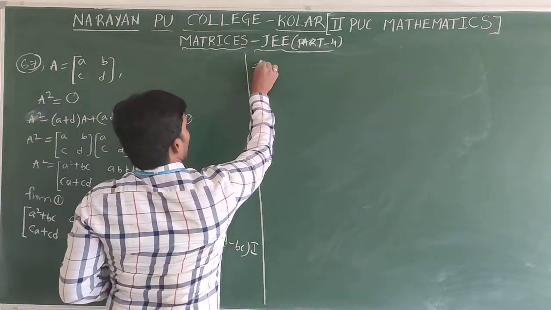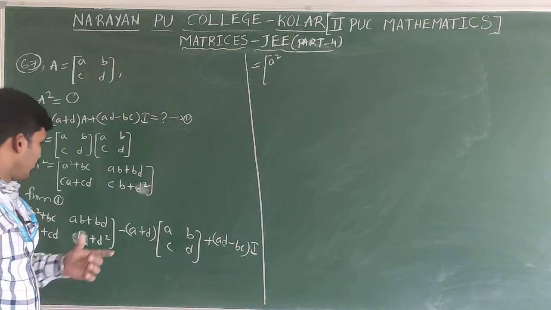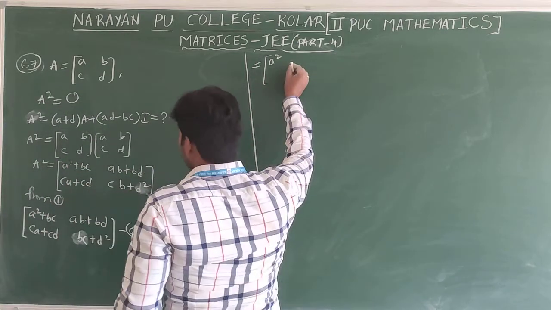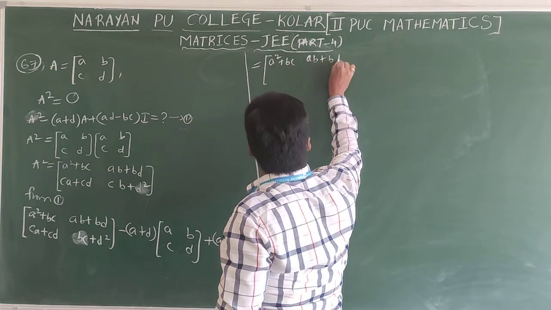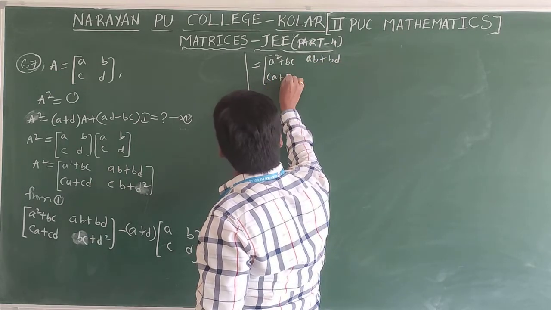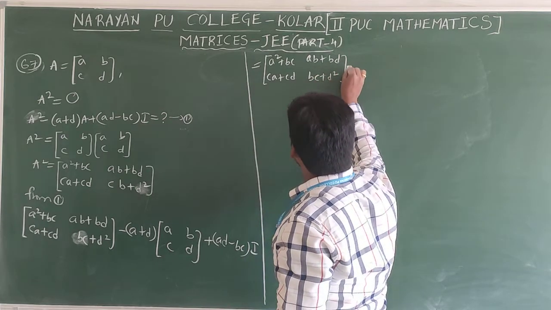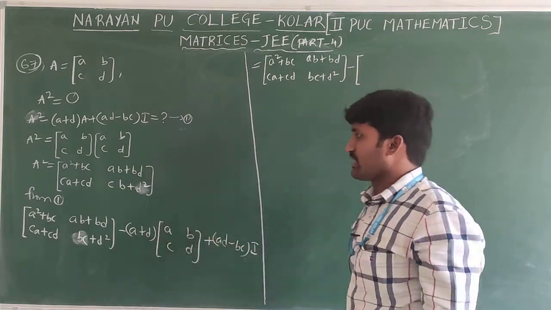Now your first one, what is there? A square. If you multiply this, what will you get here? A square plus BC, AB plus BD, CA plus CD, BC plus D square. If you multiply (A plus D) here, what will you get?